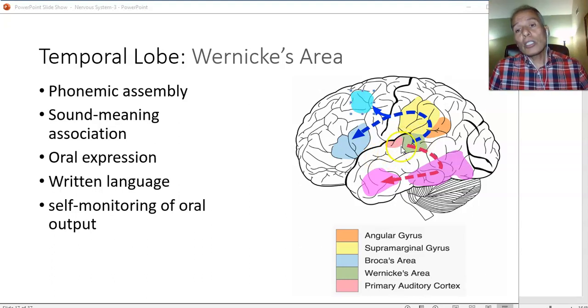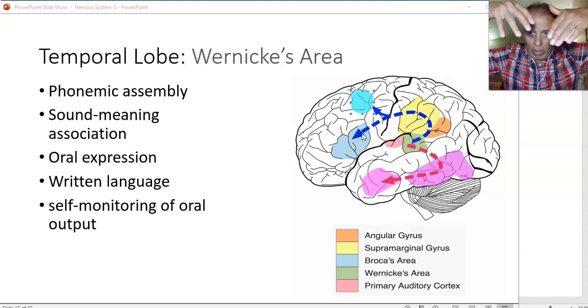and it is posterior to the primary auditory cortex, and you could see the connections between it and lower areas here, the connections that go to the auditory association cortex. You can see also the major pathway that connects it with Broca's area. That pathway is called the arcuate fasciculus, the arch pathway.